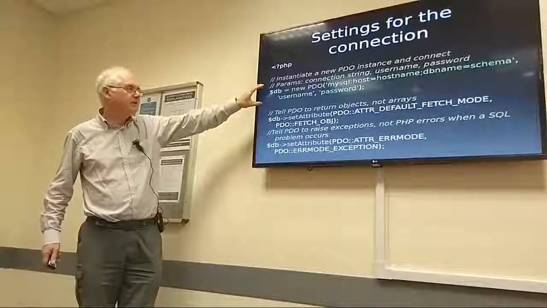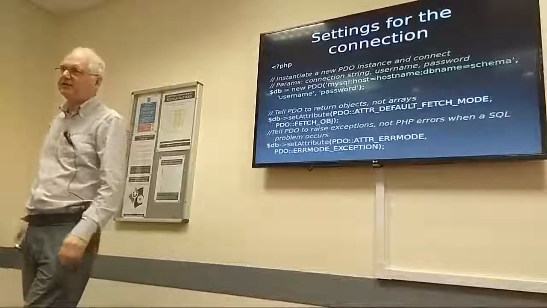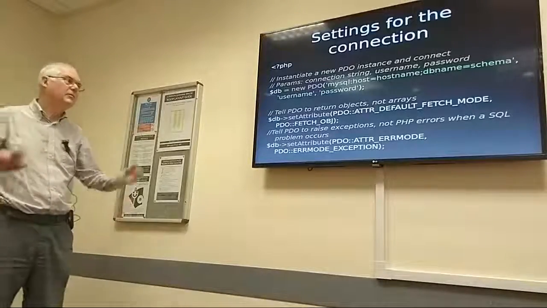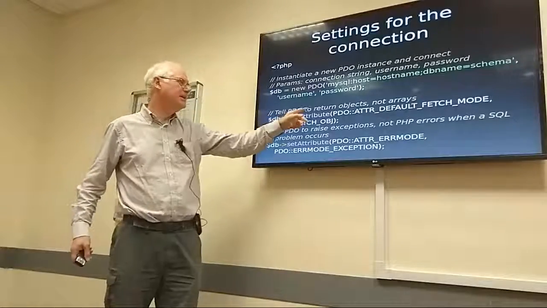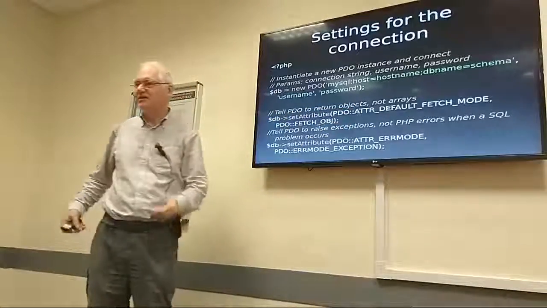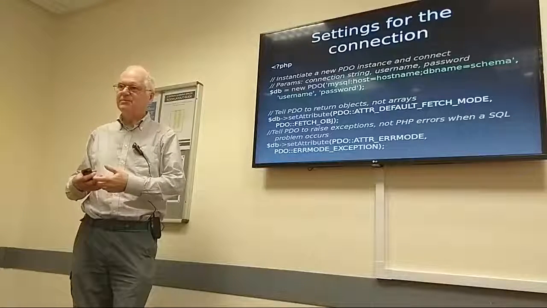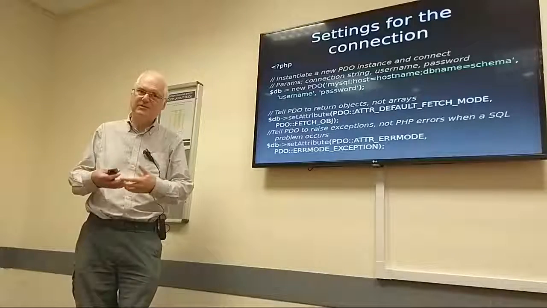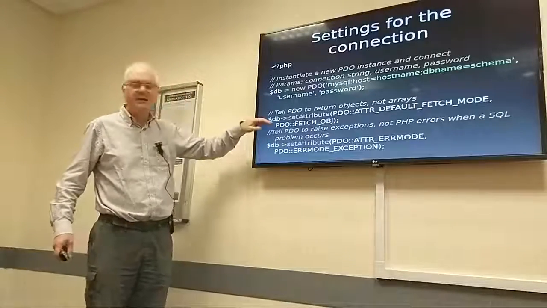So that's our structure. We need to do two more things here, because we want to tell PDO to return objects, not arrays. By default, PDO will return arrays. For our purposes, because we're thinking objects in the labs, in the module, in the coding examples, let's keep it consistent.